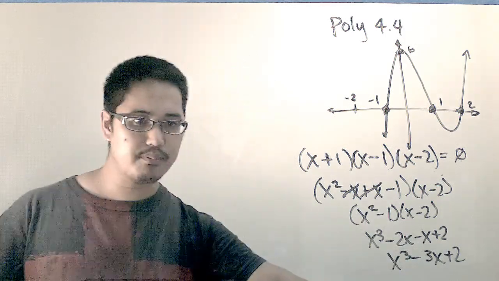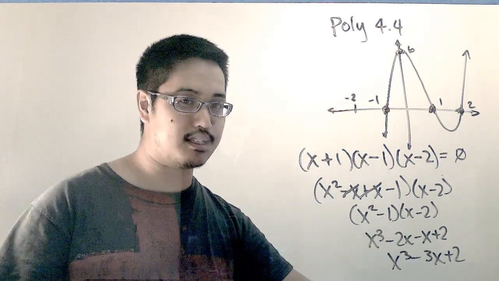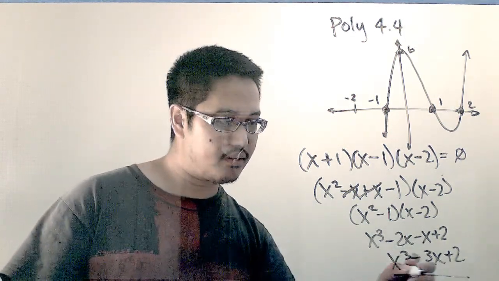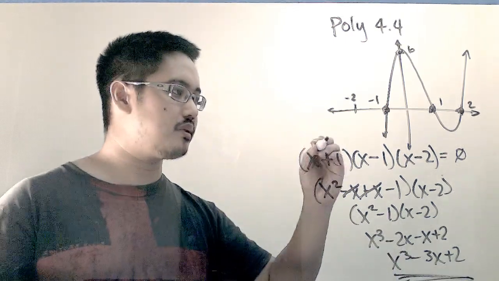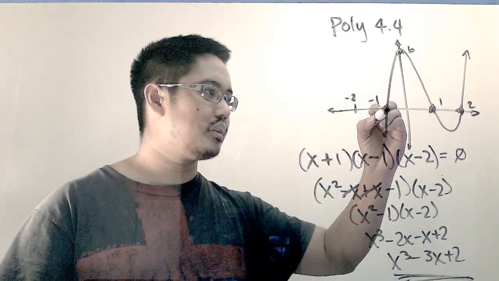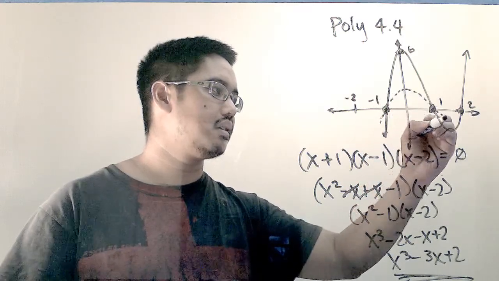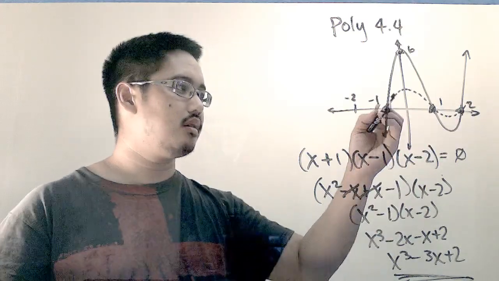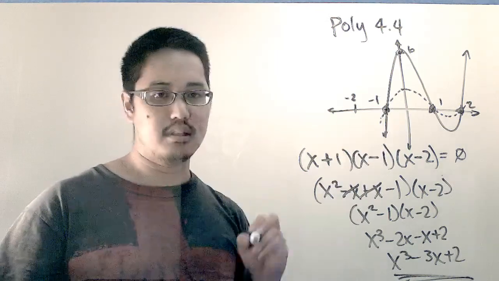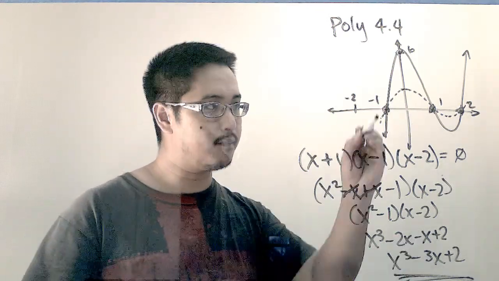I can't just simply change that 2 into a 6. Because right now, this graphs, well, it actually graphs this, where it only goes up to 2. That's the y-intercept.